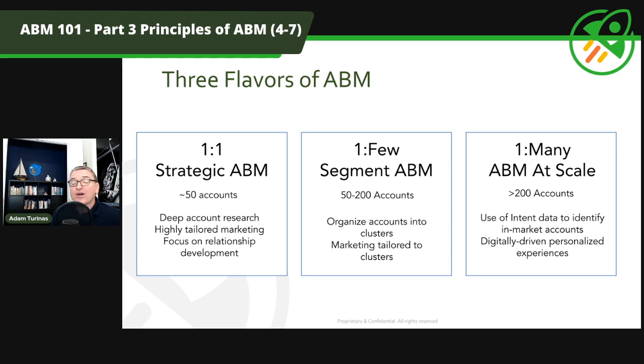In fact, quite often it's less than 10 accounts. And typically this is where marketing and sales are working extremely close together, maybe even with account management as well, to help figure out how to convert a really large account. So that's one-to-one.